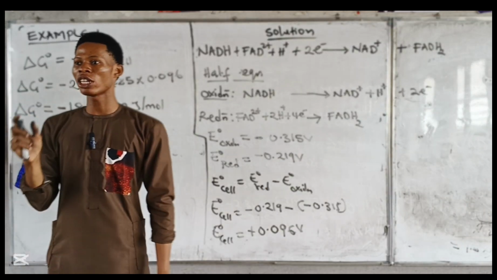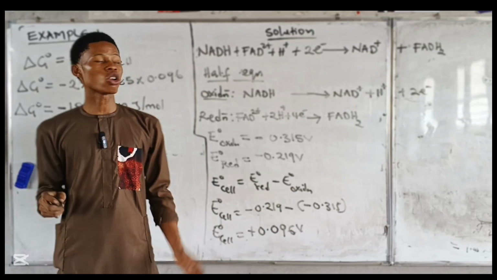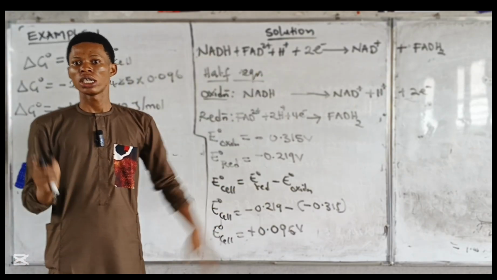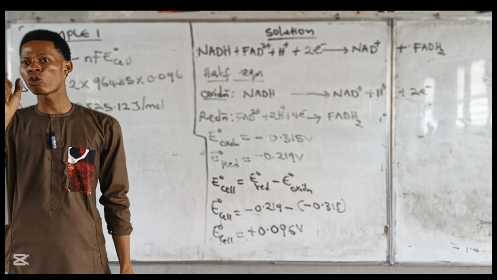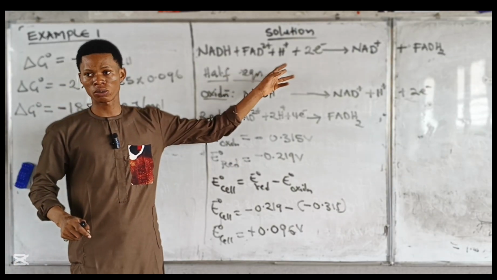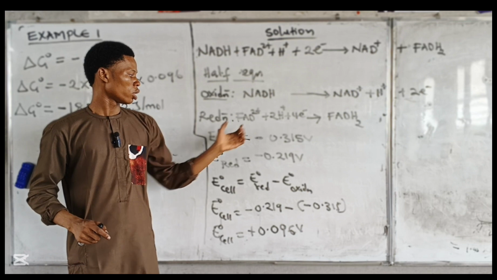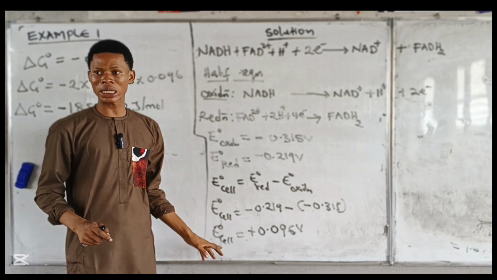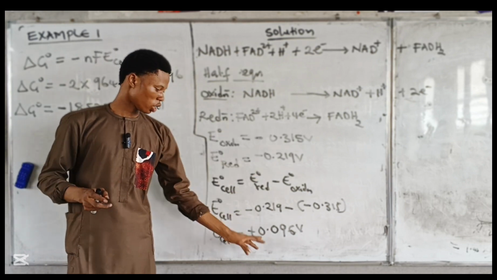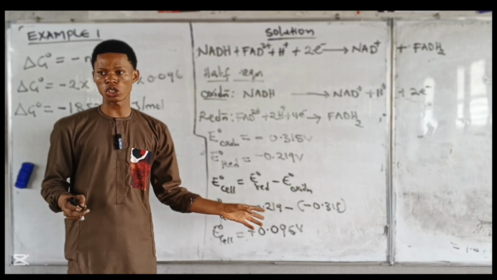Please, anytime you are given a question like this, and you're not given the equation of the reaction, the first thing you have to do is to figure out how to write the equation of reaction. Then after writing it, you divide it into half equations. Then you calculate E0 cell. E0 cell is that of reduction minus that of oxidation.